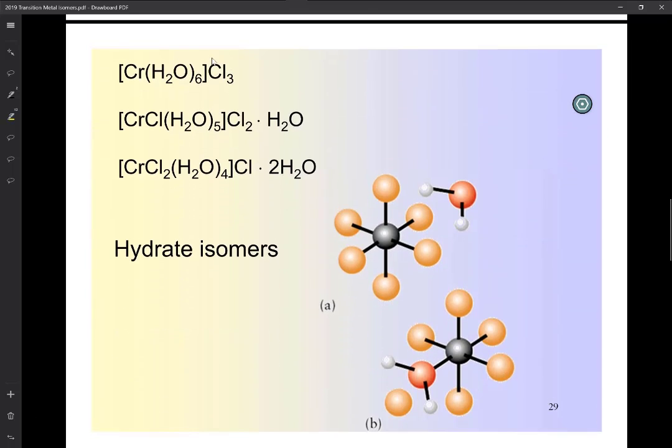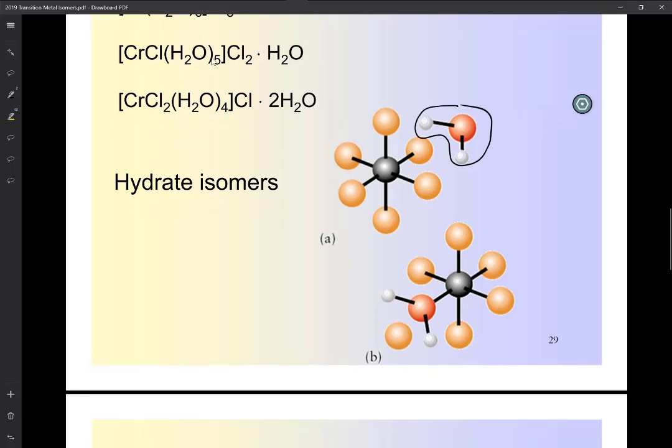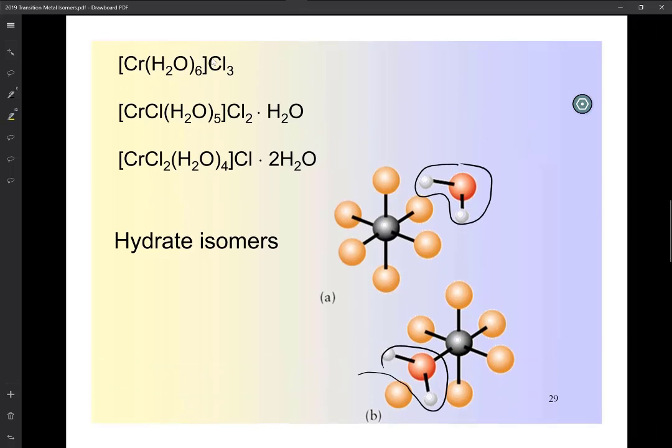Another kind of isomer is known as a hydrate isomer, and in a hydrate isomer you have water on the outside of the sphere, for example, and it will displace a ligand or exchange with that ligand, and that's known as a hydrate isomer.